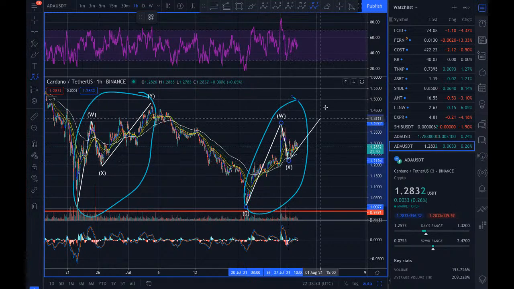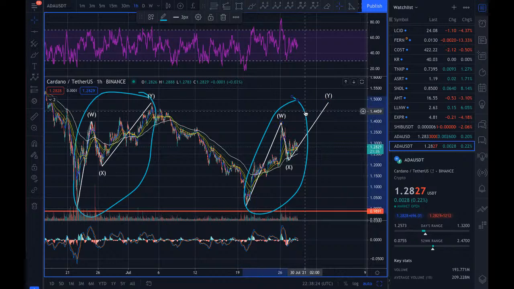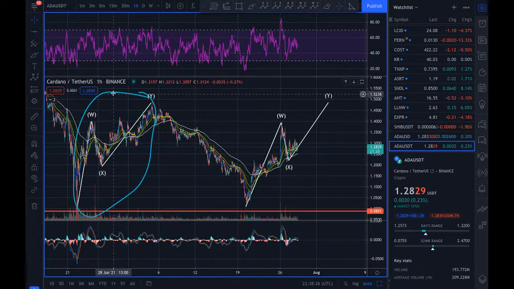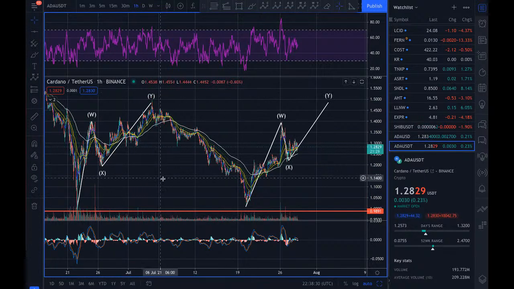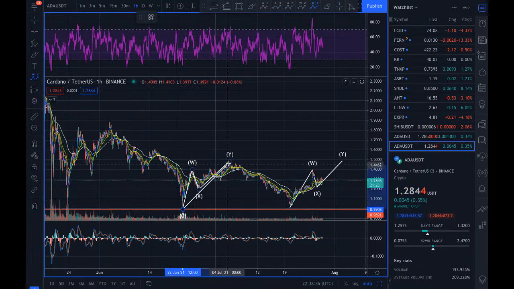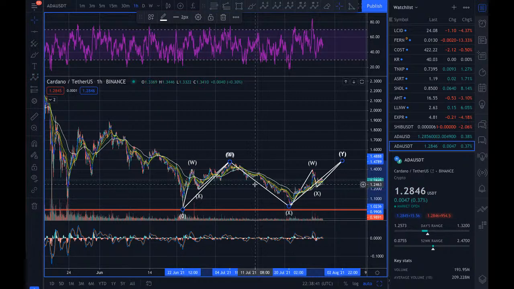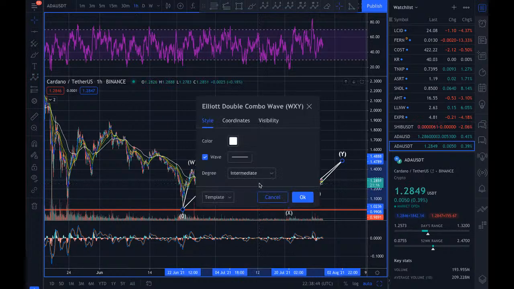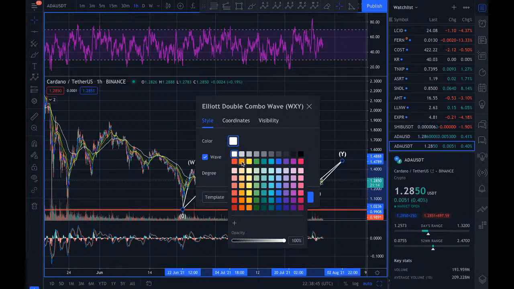So this might come up like that, about the same spot. No guarantees on that, but that's what I see right there. And then I think it'll start another correction type wave. So that is a 1, 2, 3 across horizontally. Make sense?